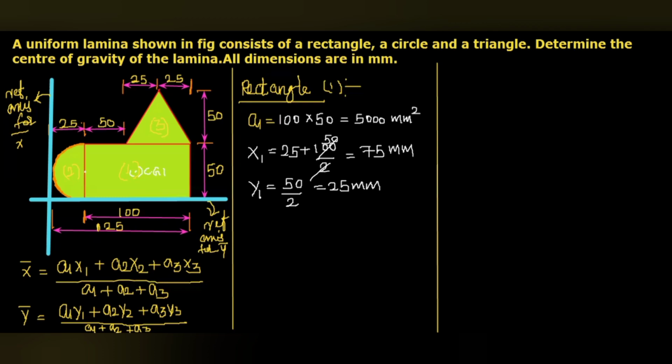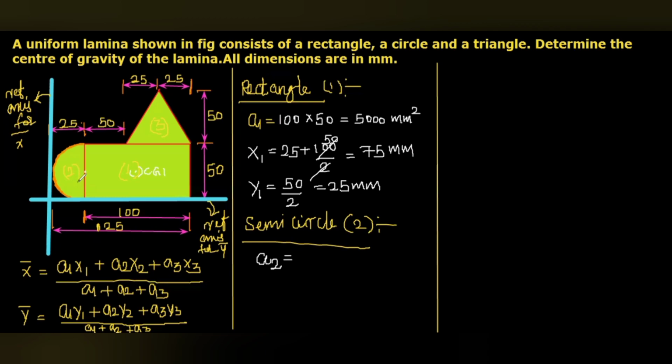Okay. Then the second one, semicircle. That is A2. In a semicircle, it has only a 180-degree angle of a circle.